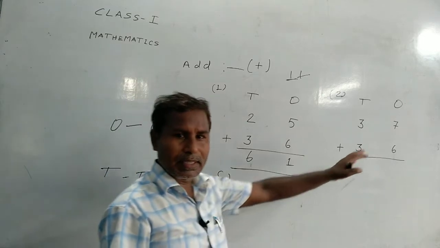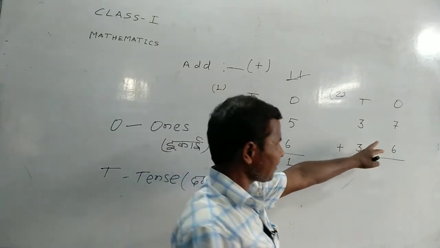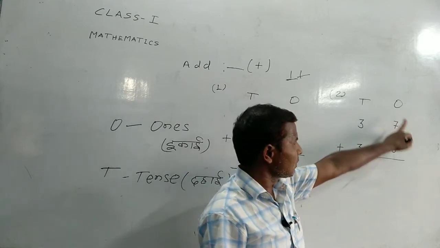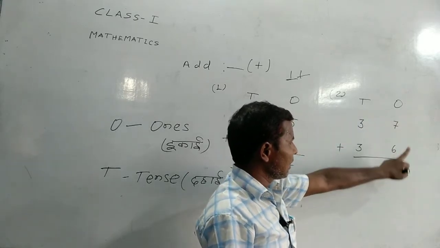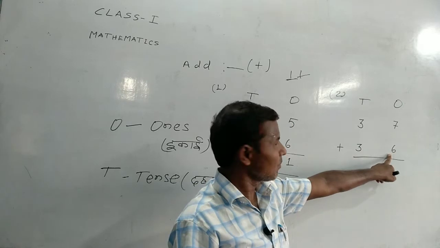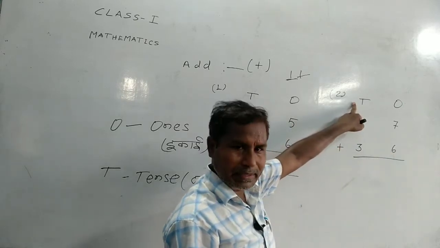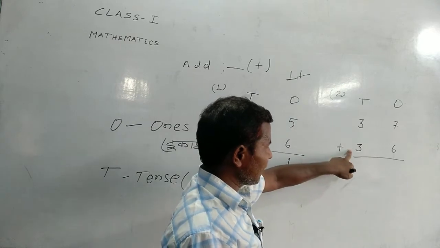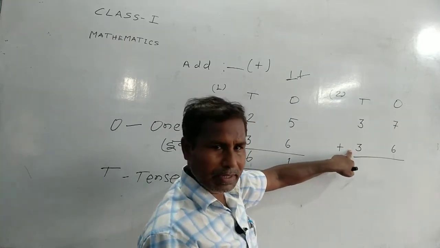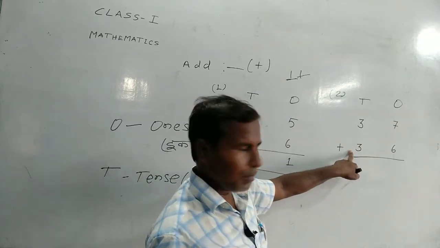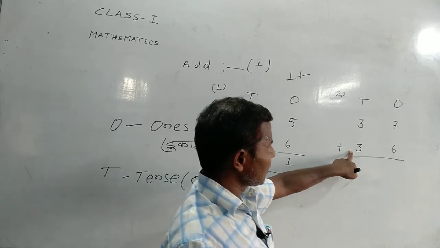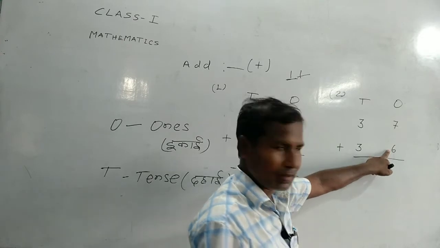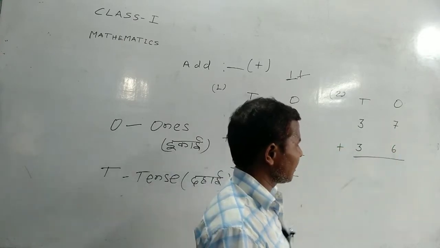Second addition. Here is written under ones place 7 and 6. Under tens is written 3 and 3. First of all, you have to find out the sum of 7 and 6.